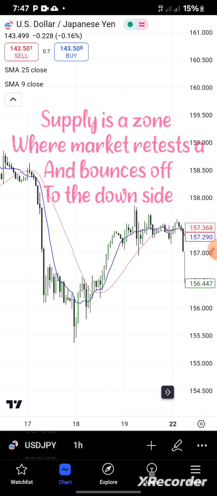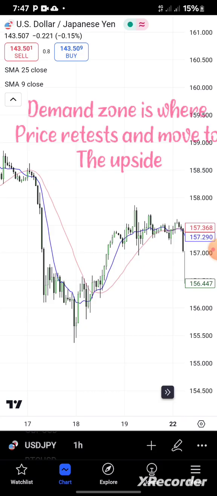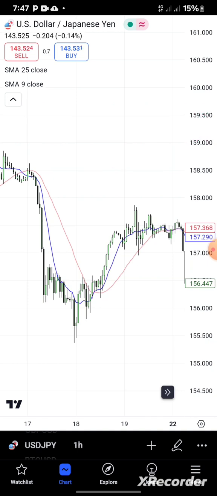That is a supply zone. A demand zone is where price is likely to react and move to the upside, to the bullish side.